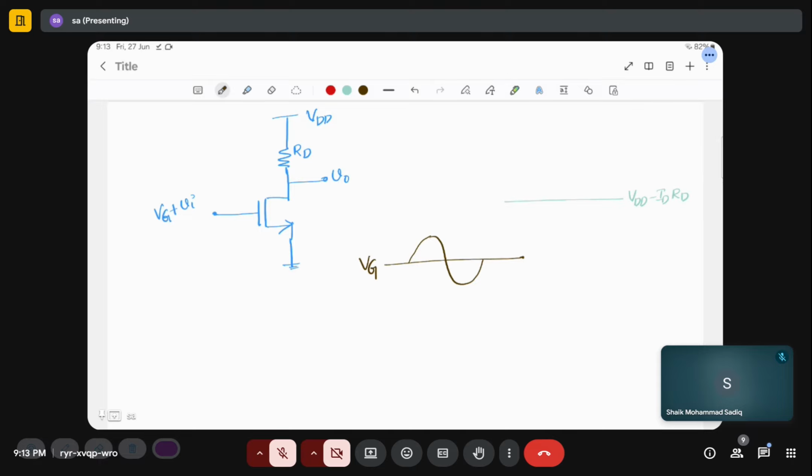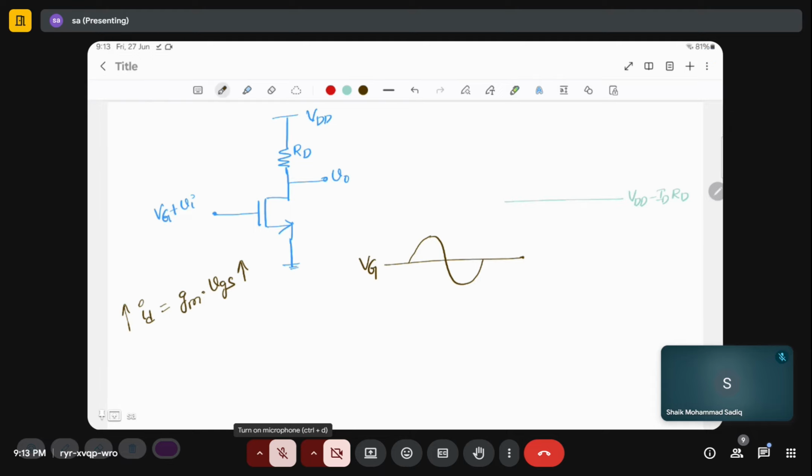As the input voltage increases, what happens to the current? ID is given as Gm times VGS. As VGS increases, ID increases.